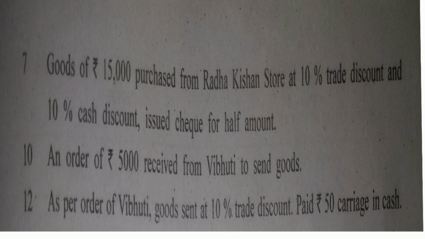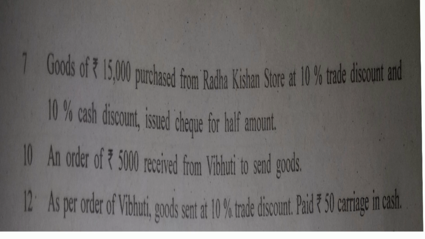Now further, paid rupees 50 carriage in cash. Carriage is an expense. Expense is to be debited. So carriage account debit 50. Cash goes out. So to cash account 50 again. Alright.